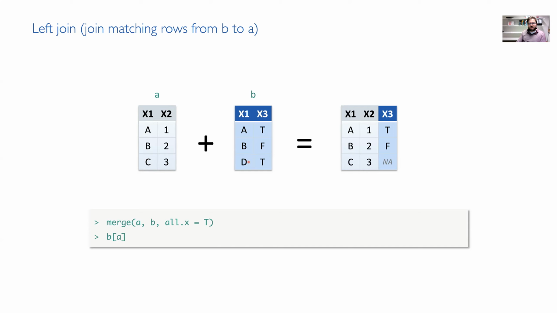Here we have a value x1 that corresponds to a, and now we can look up what the other columns, x2 and x3, are. So x2 is 1 and x3 is true.